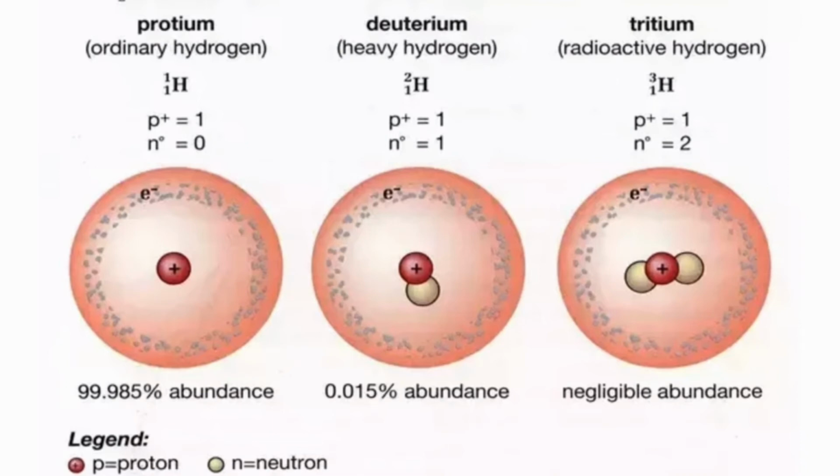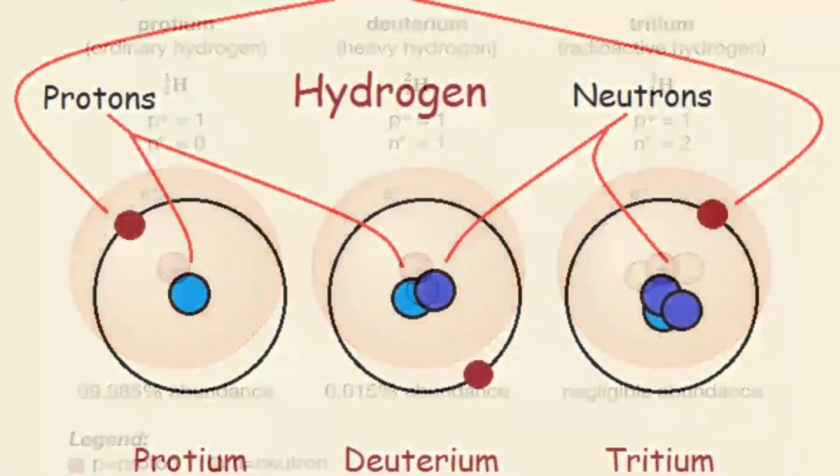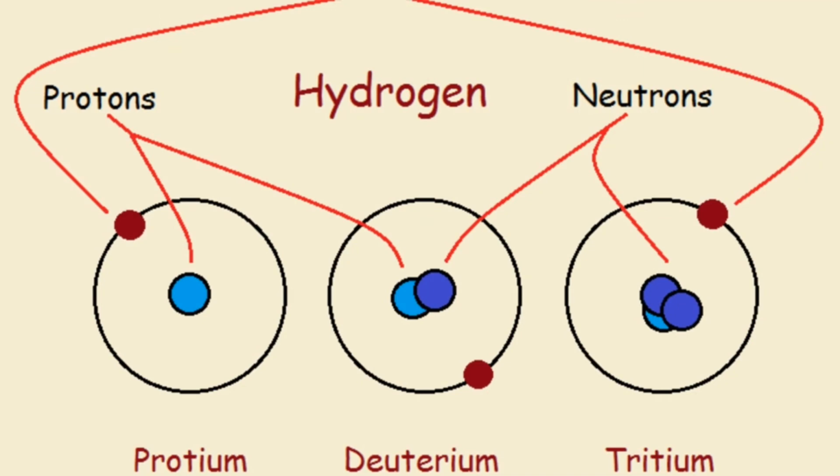And if it's a neutral hydrogen, it's going to have 1 electron as well. When we talk about versions of a given element, there's a fancy word for it. They're called isotopes. The different isotopes all have the same number of protons because they're the same element, but they have a different number of neutrons.